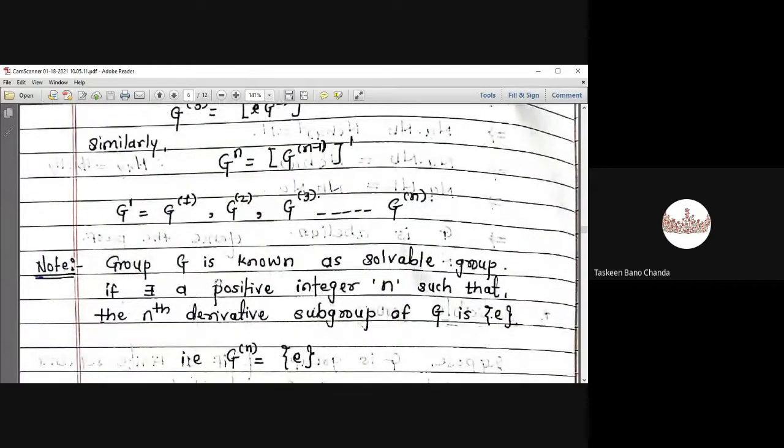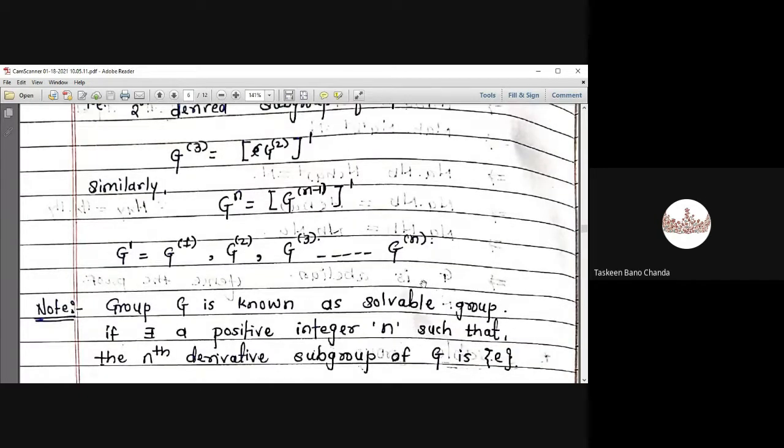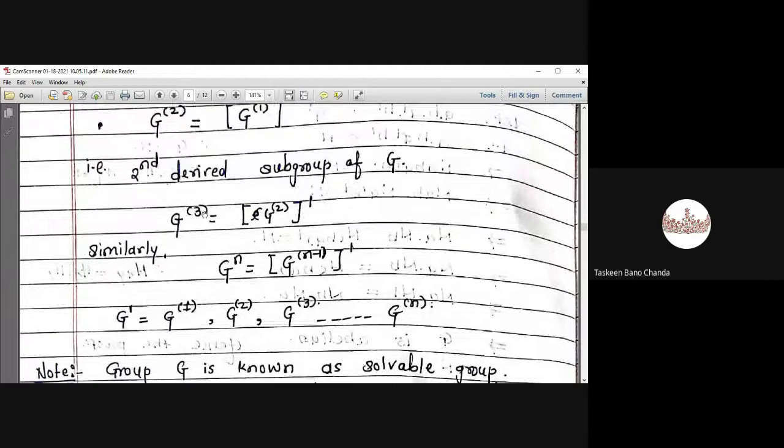The group G is known as a solvable group. Okay. एखादी सिक्वेन्स आली तुमच्याकडे, derived subgroup, and the derived subgroup झाली.